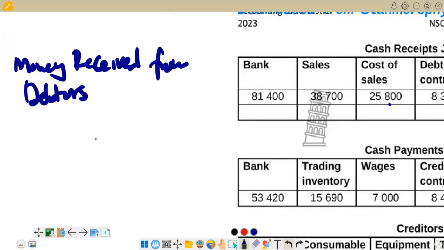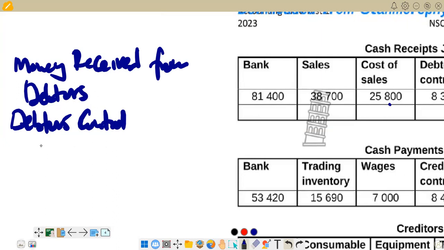So the double entry that is there is that we have the debtors control. Remember, when we sell goods on credit, we debit the debtors control. So when they are now paying, when we are receiving, we go to the opposite side of the debtors control, and that means we are crediting so as to remove that amount and to reduce the debt of that customer.